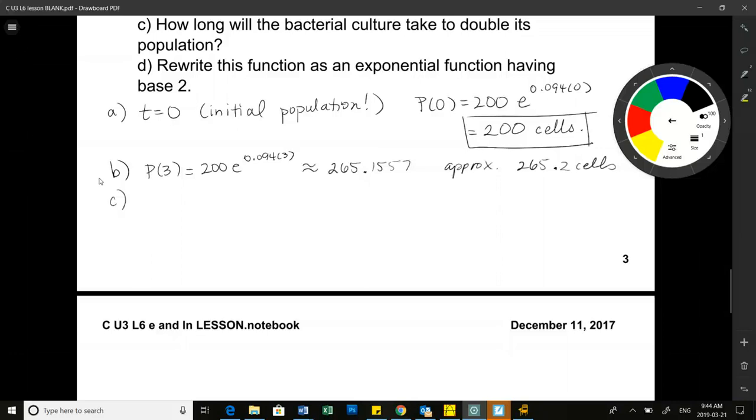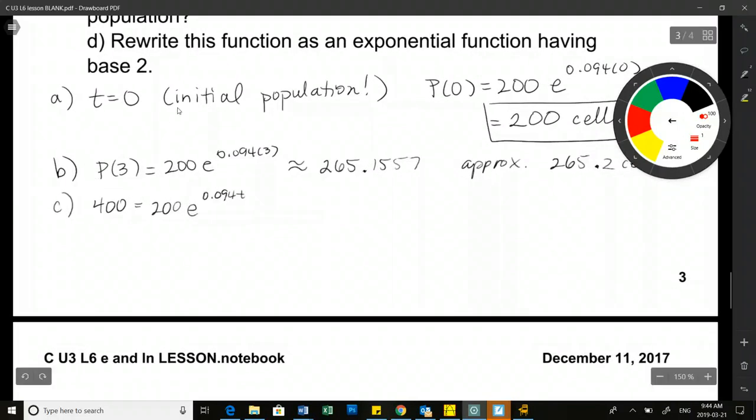I should set my P at t equal to 400 if I want to figure out how long it takes to double. I want to know when 200 is going to become 400. Before I do any ln, I want to make sure that I have the base and the exponent isolated on one side, so I'm going to divide out that 200.